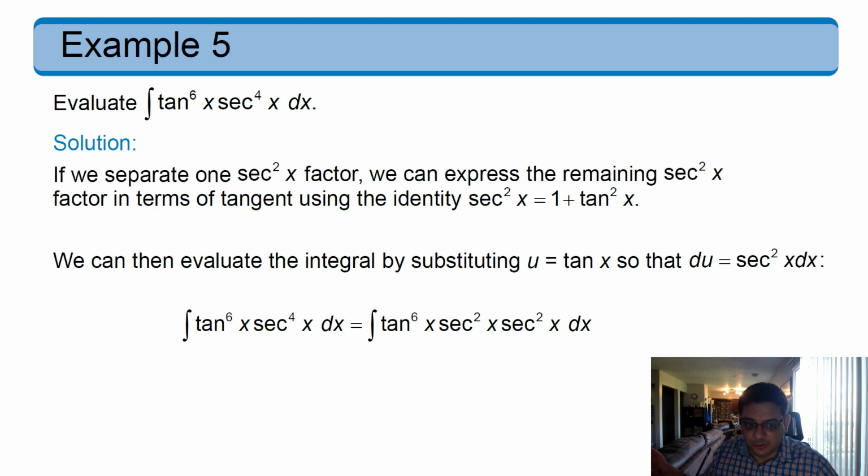Of course, the substitution here is going to be u equals tangent, so that the du is going to be secant squared. So tangent to the 6 of x times secant to the 4 of x can be seen as tangent to the 6 times secant squared of x times secant squared of x. Now you can see here that if I make u equals tangent, I'm going to have the secant squared x dx, so I'm going to have my du.